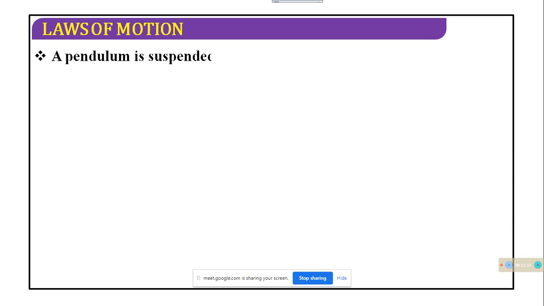A pendulum is suspended from the roof of a moving car.